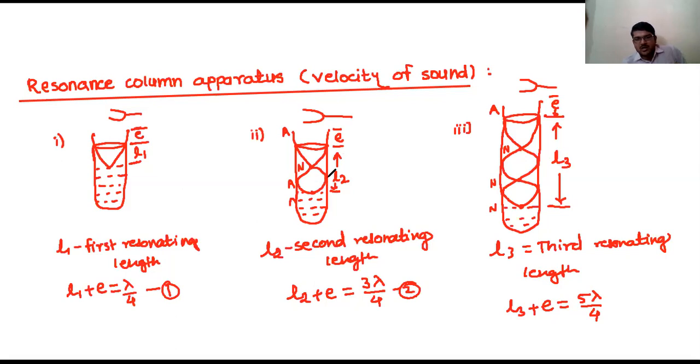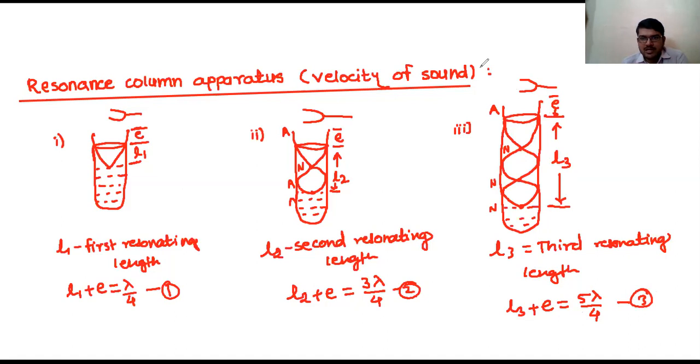In the second case, water level to open end is L2 and this is end correction. Here it is from water level to this open end is L3 and this is end correction. So in these 3 equations, you got the effective length. So let's move ahead.